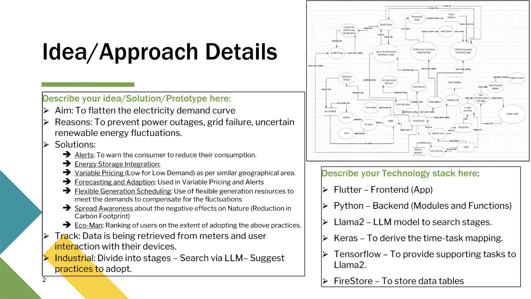And as we already know, people are more aware of social statuses, so it would be a lot better to include the eco-man perspective on it. And track. We're going to track the data from the smart meter recordings from the household, as well as the user interaction with the devices.